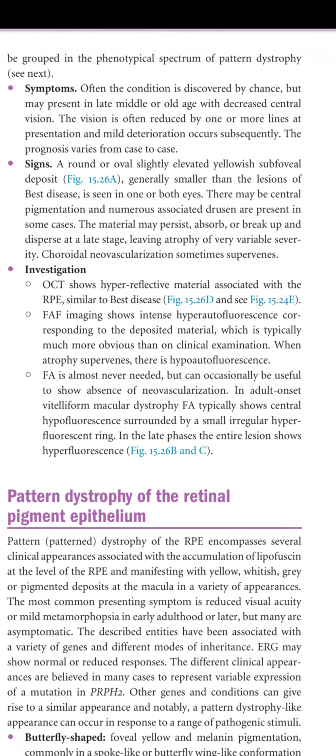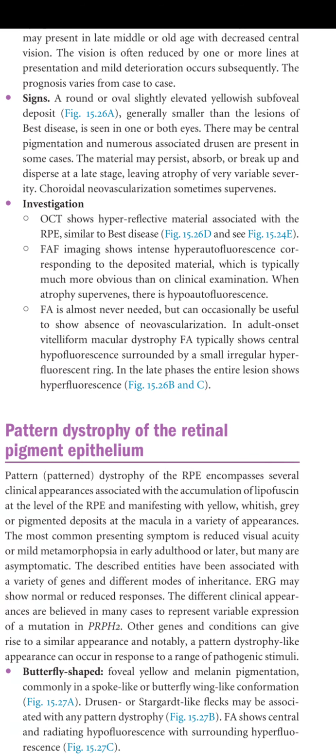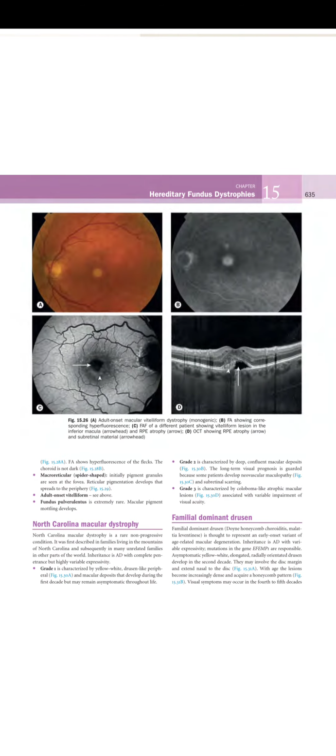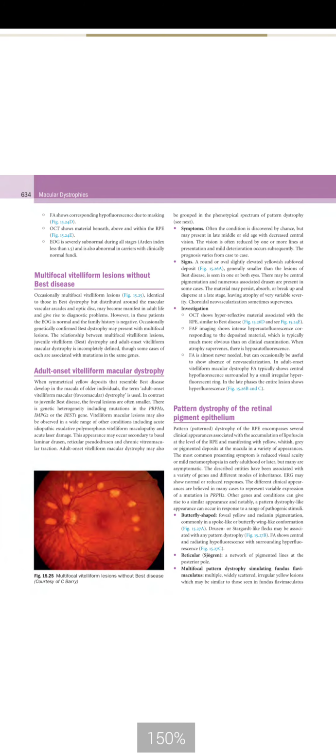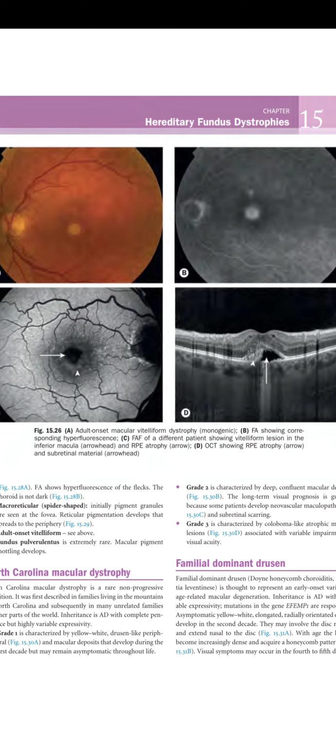Investigations. OCT shows hyperreflective material associated with RPE, similar to Best disease. So you can see this is showing us an image of the adult onset vitiliform dystrophy. You can see the yellowish round lesion around the fovea, and B is showing FA corresponding to hyperfluorescence, and C is showing FAF of a different patient showing vitiliform lesion in the inferior macula, arrowhead, and RPE atrophy, arrow.